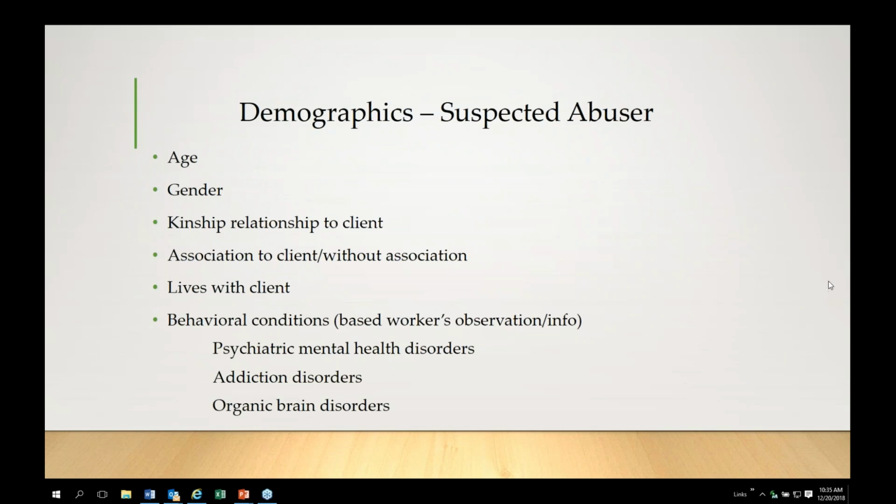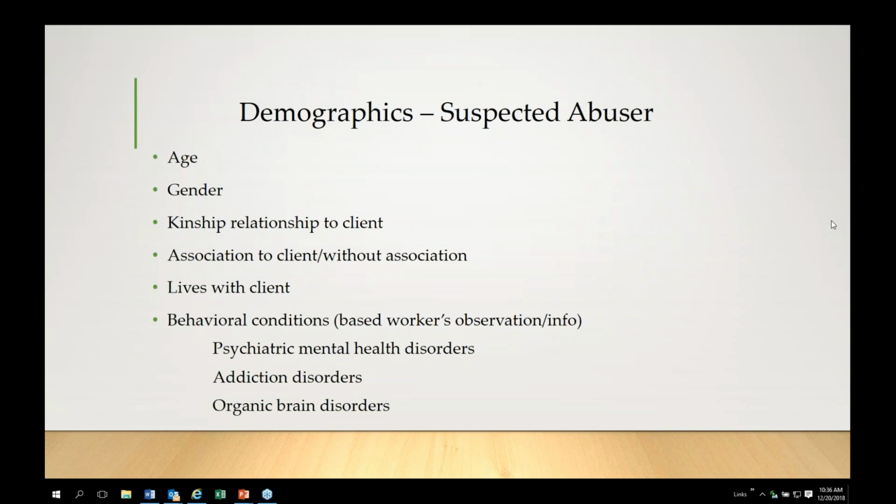This is another new category, and some of this information you may already be putting into your case management system, but this has never come to the state before, so we're standardizing it and asking you to provide this information. Age, if you know it, and again, we would ask for your best guess. Gender, and this can be reported by the reporting party.